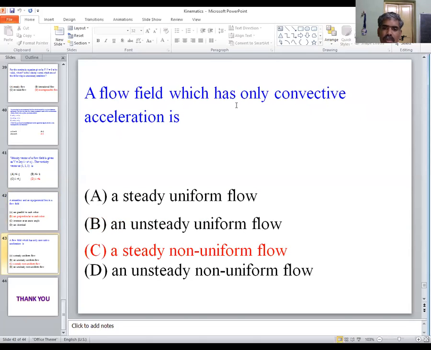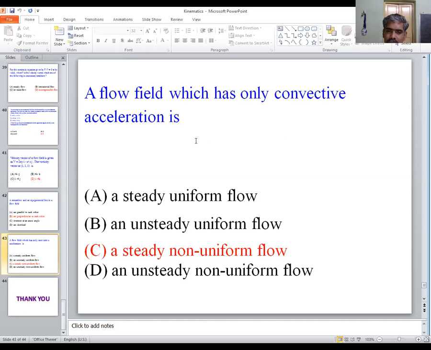Next, a flow field which has only convective acceleration. The acceleration component ax is given by dou u by dou t plus u dou u by dou x plus v dou u by dou y, and so on.